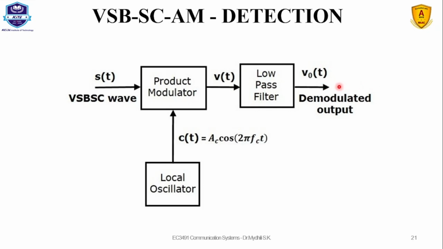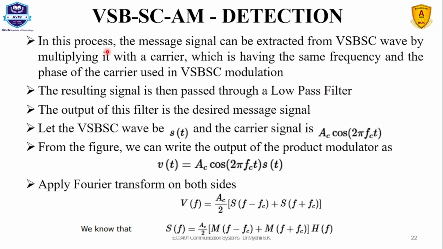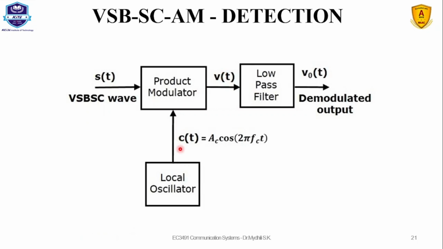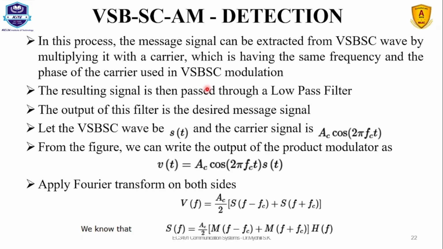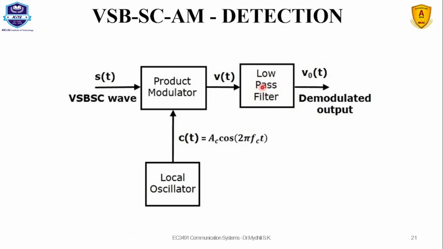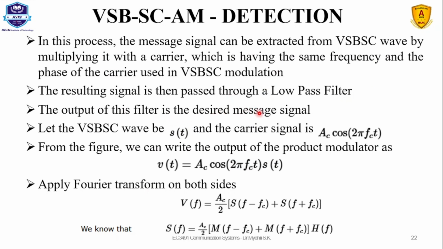In this process, the message signal is extracted from the VSB wave by multiplying it with the carrier to produce the V of t signal. The resulting signal is passed through the low pass filter, and the output of the filter is the desired message signal, that is, the demodulated signal.